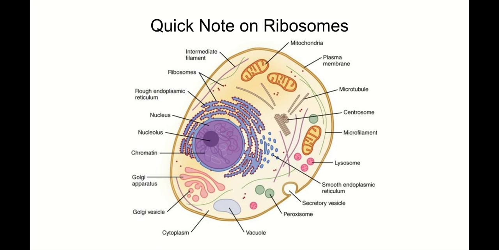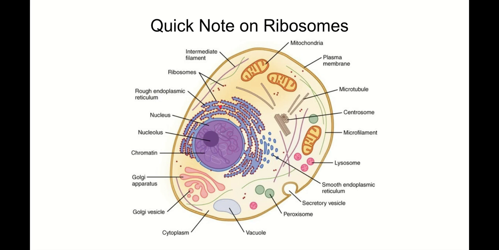One is in the rough endoplasmic reticulum, where they're embedded on the membrane of the rough ER, and the other is in the cytoplasm, which is the liquid of the internal environment of the cell. So we see ribosomes here and ribosomes here.